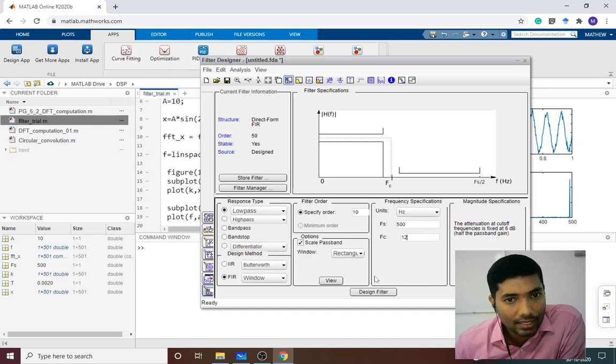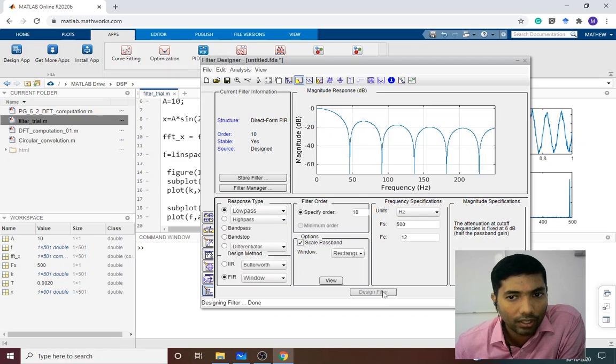Once we set these things, we'll just click design filter, and this algorithm will automatically find a filter design for us so that the cutoff frequency is 12 hertz. So till 12 hertz it is somewhat unity, and after that it will be 0.